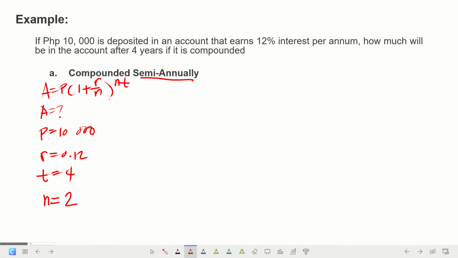So, using our equation, we can now substitute and solve for the value of A. So, A is equal to 10,000 times 1 plus 0.12 divided by 2 raised to 2 times 4.